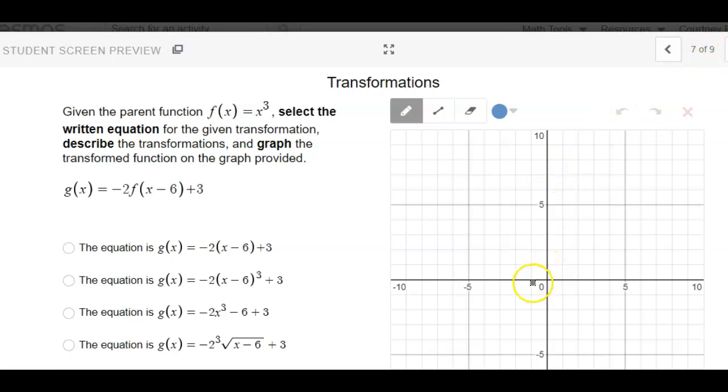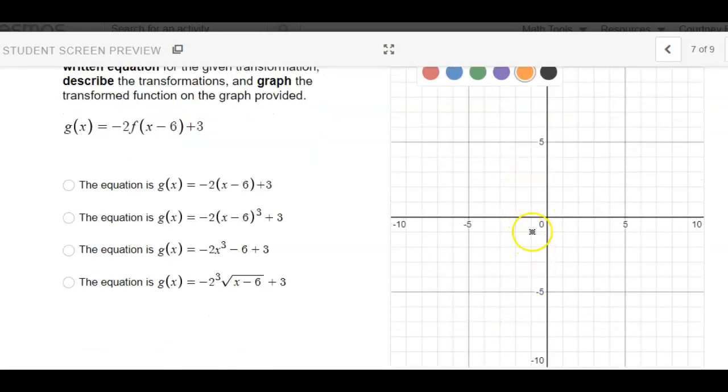Well, on the graph provided, I'm going to go ahead and sketch my cubic parent function. So I have points at -1, -1, 0, 0, 1, 1, 2, 8, and -2, -8. So these are kind of my original parent function points.